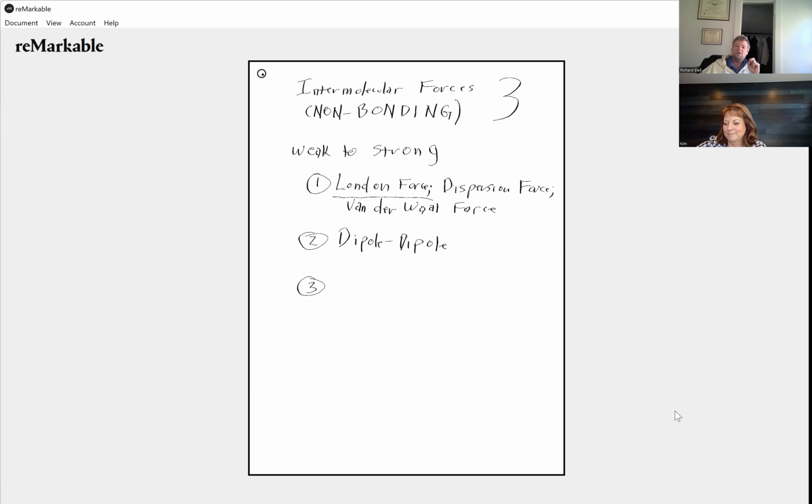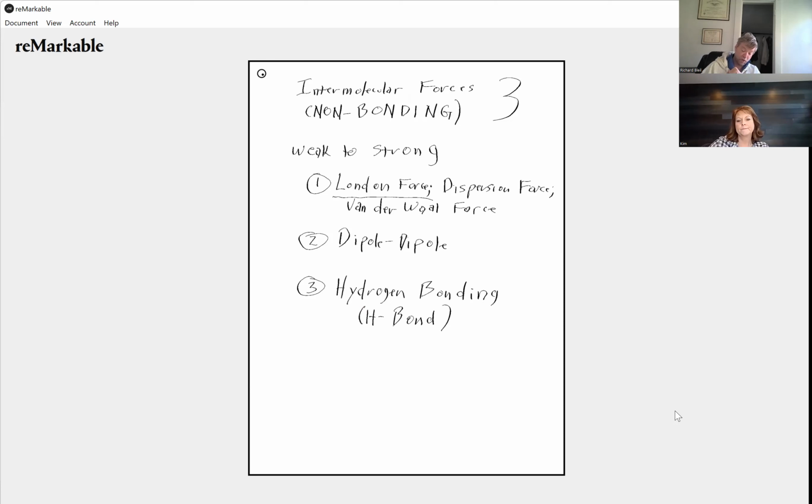But I mention that because the third one has an unfortunate name. The third one is called hydrogen bonding. Hydrogen bonding is not a chemical bond. It is a non-bonding intermolecular force. That's why I keep repeating that over and over again.